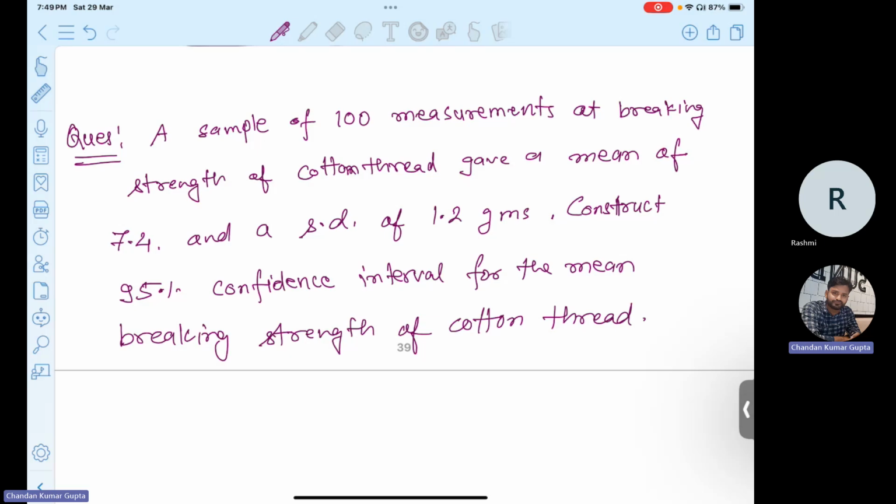So we need to construct the confidence interval for the mean. We are given the standard deviation, not the variance, and the sample size is also given. So let's solve this.